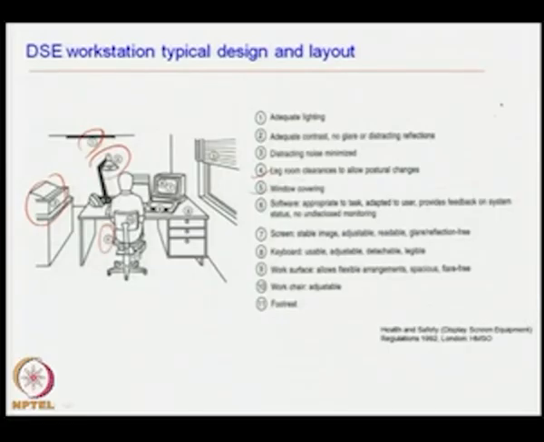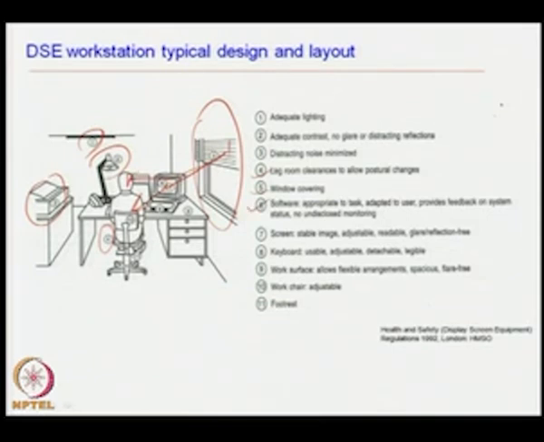Number 5 is window covering. Why is this window covering there? Because while seeing this computer, there may be some glare effect on the eye. So, this blind and so on needs to be considered.